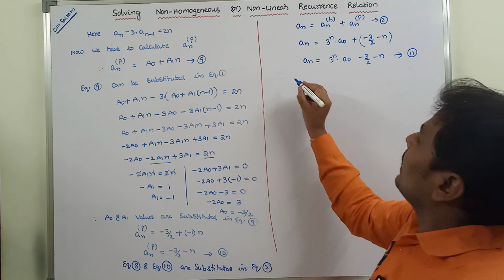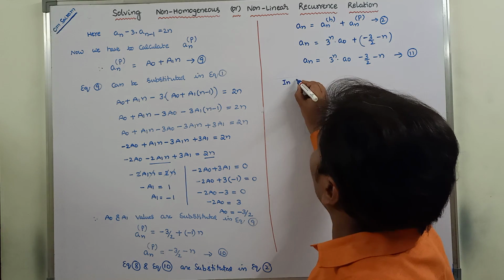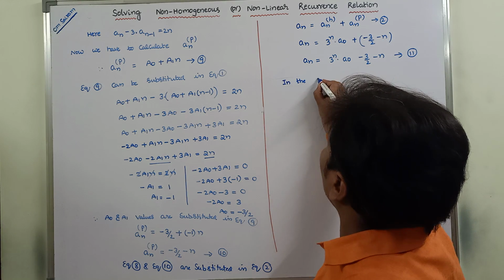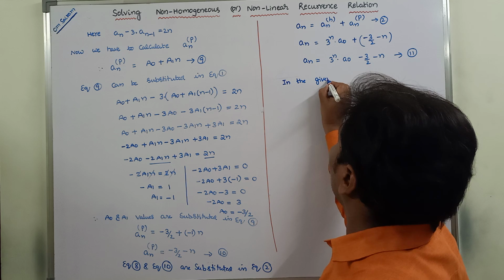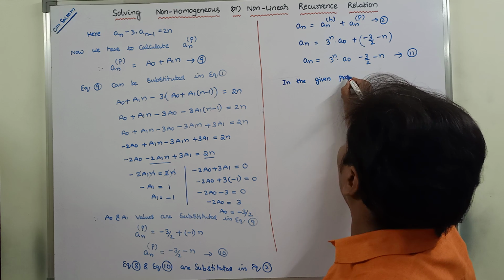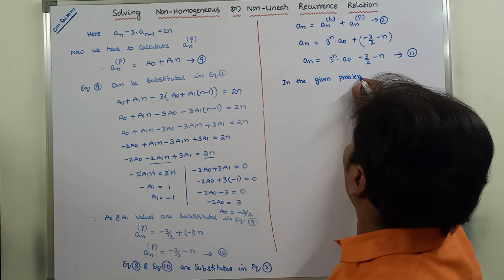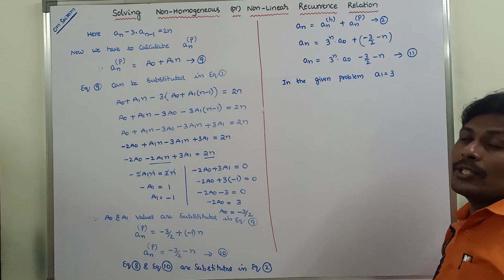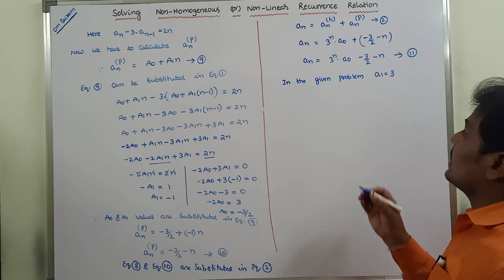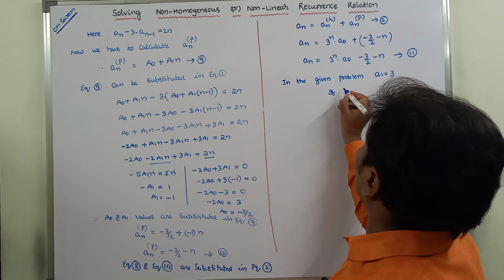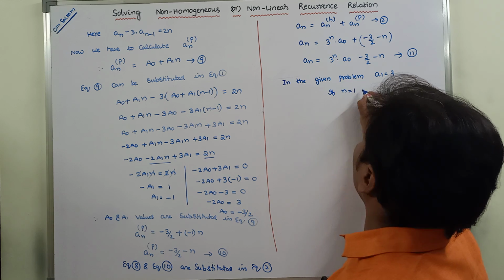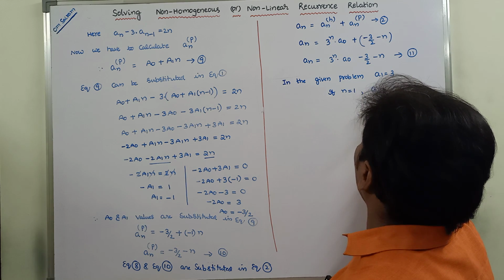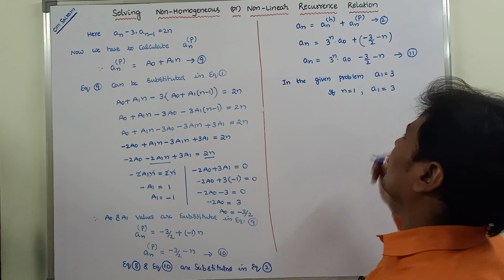Okay. So now in the given problem, a1 is equal to 3. This is the initial condition. So that is, if n is equal to 1, then a1 is equal to 3.